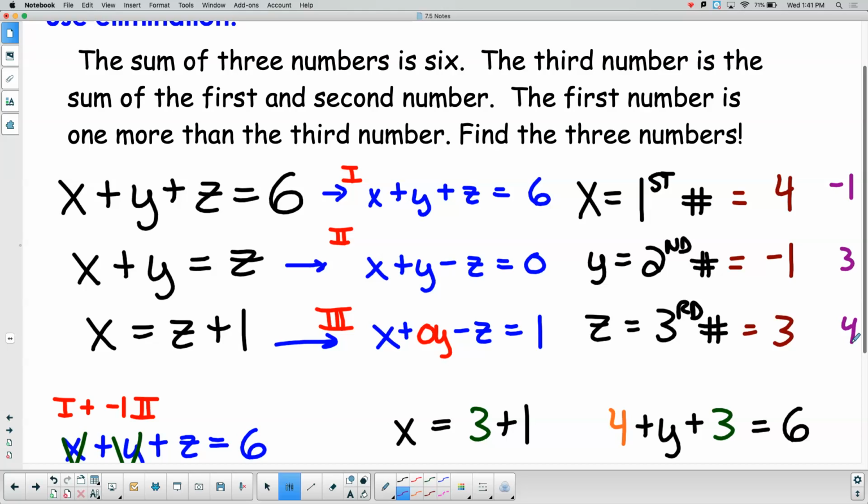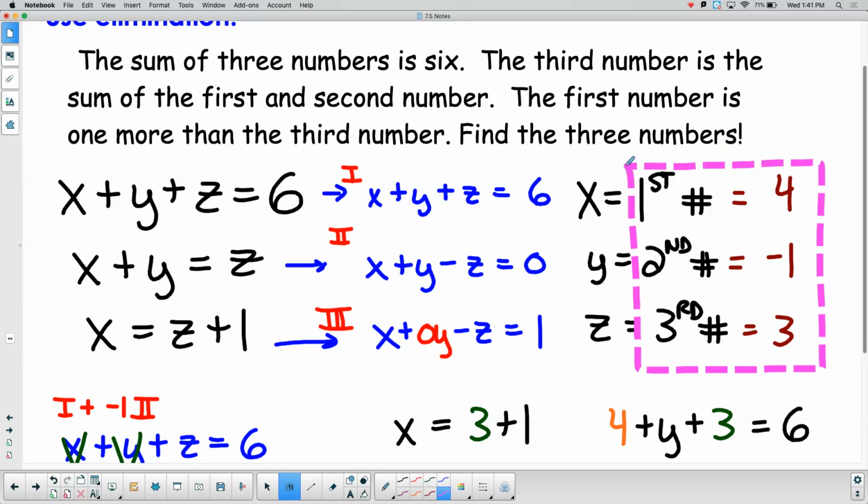So when I give my answer for this particular one, I have to give my answer in this form with them written as the first number, the second number, and the third number. Order matters with the numbers. Otherwise, it doesn't check out.